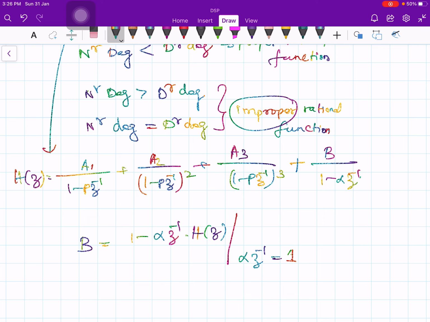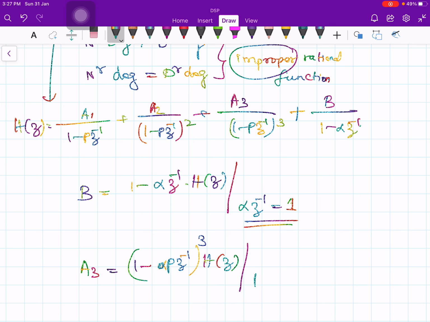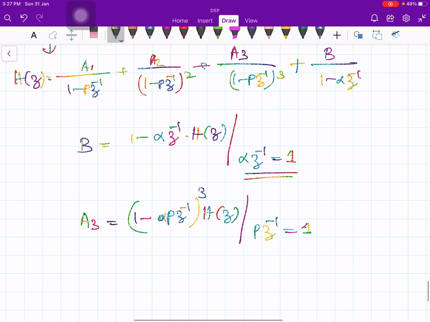Alpha z inverse is equal to 1, this is good enough. And a3 can also be found out exactly. So a3 is equal to 1 minus p times z inverse whole cube H of z, evaluated at p times z inverse is equal to 1. So a3 is known and b is known.